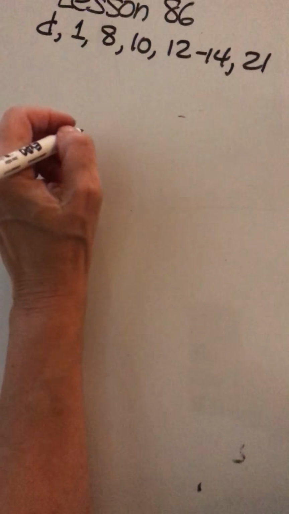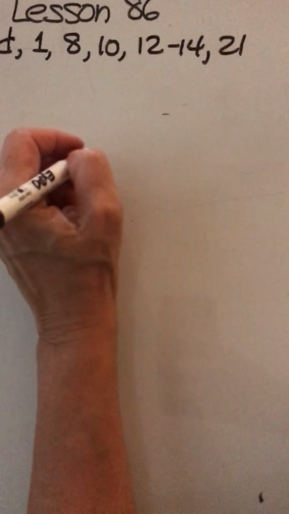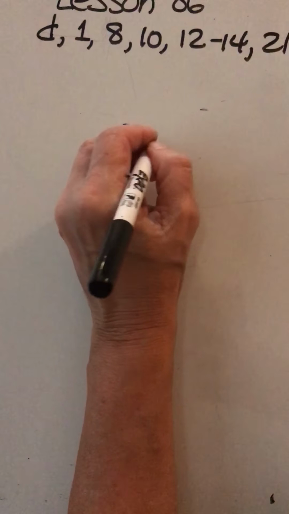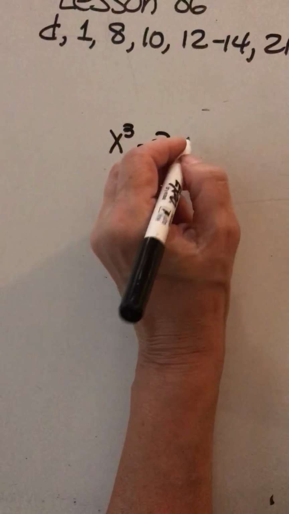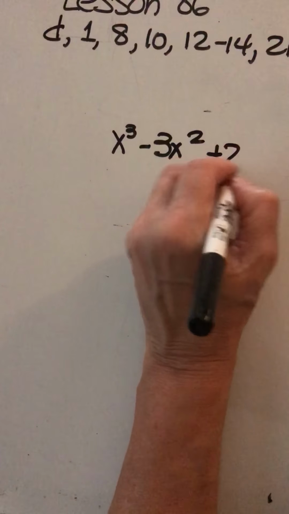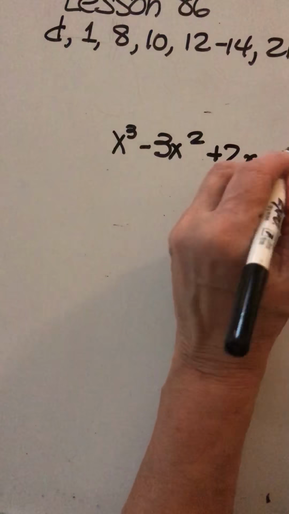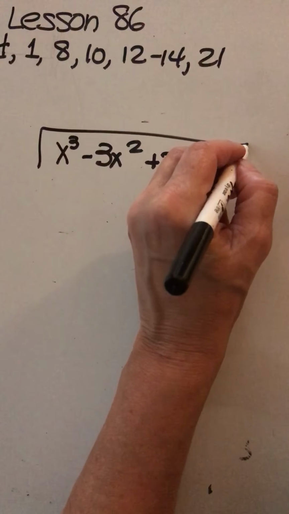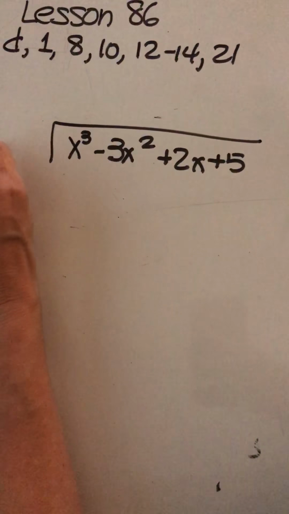Number 8 says x cubed minus 3x squared plus 2x plus 5 divided by x plus 2.